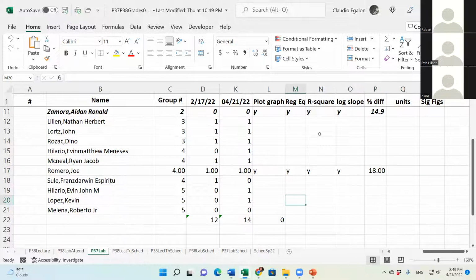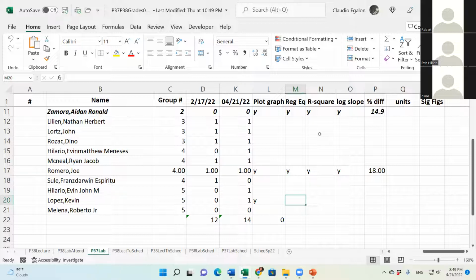Let's see, Kevin Lopez. Are you there, Kevin? Yeah, me and Evan got the graphs. We just haven't gotten the rest yet, or the slope. Oh, I think we did get the slope. What was the slope supposed to be? Well, first you have to write down the regression equation, right? Did you find the regression equation? Oh, okay, no, me and Evan haven't gone to that, but we do have the graphs done.